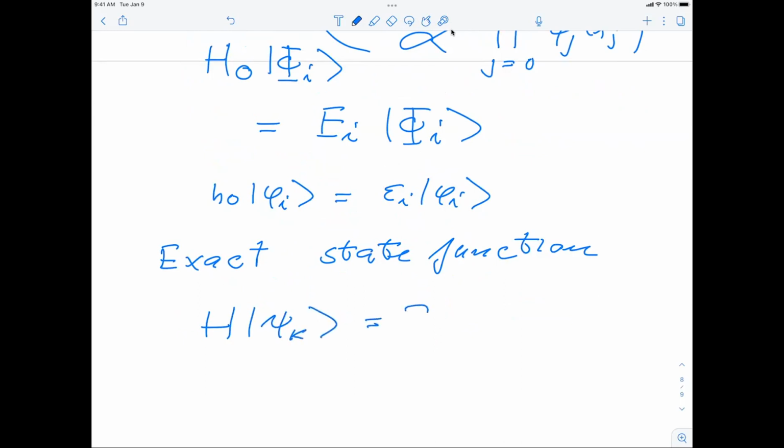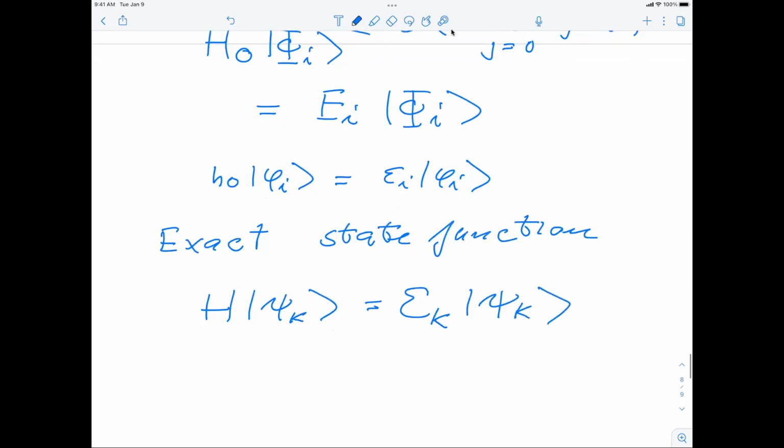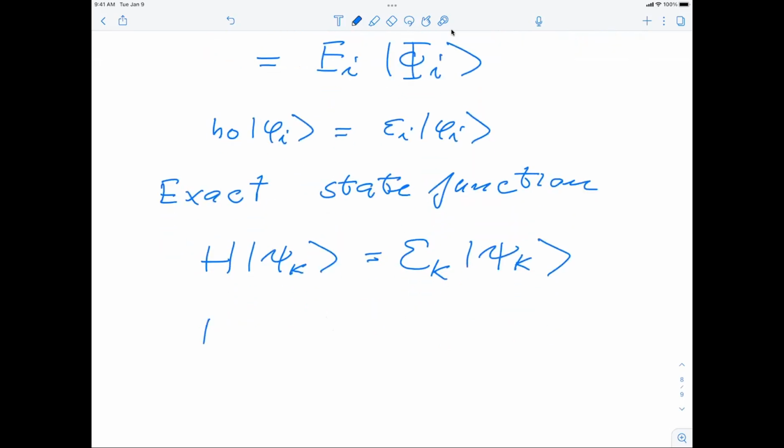This is now given by the true energy of the system multiplied with this eigenstate k. This state psi_k is now something we can write out as a linear expansion of the computational many-body basis.